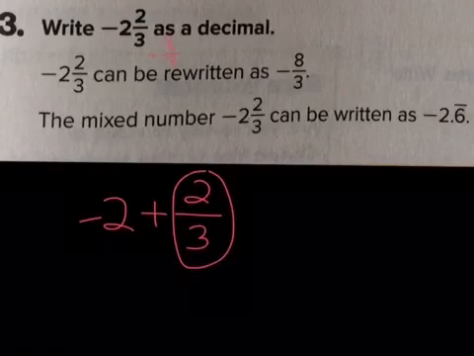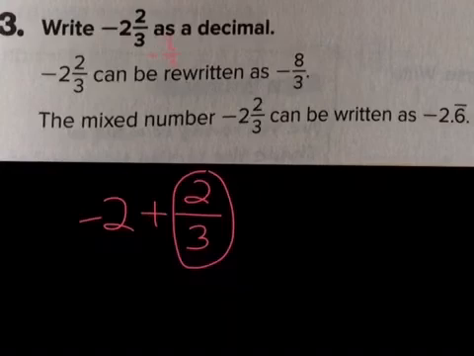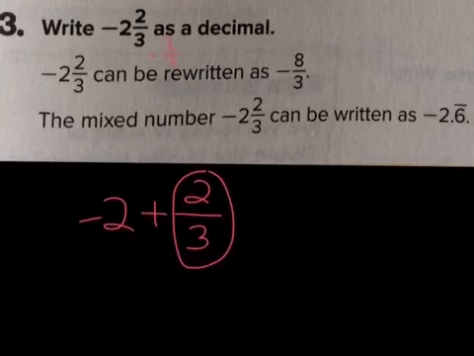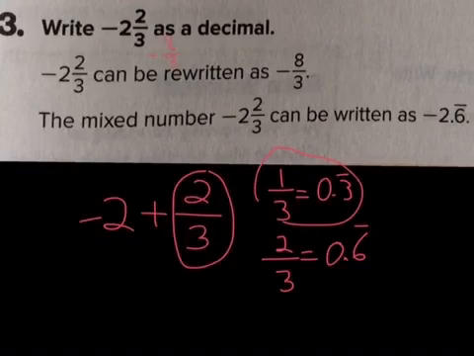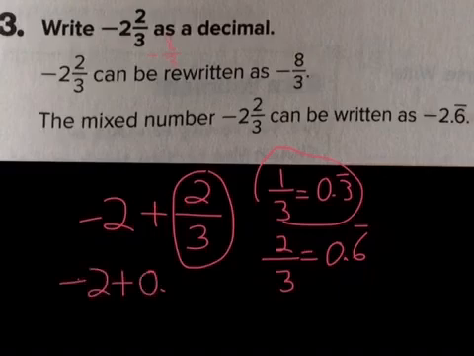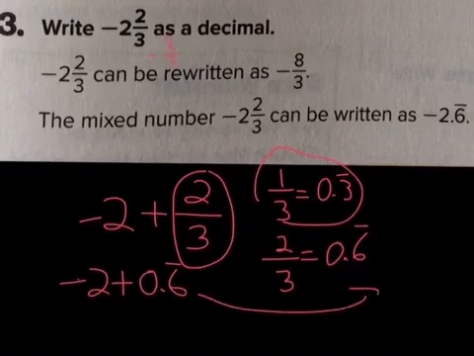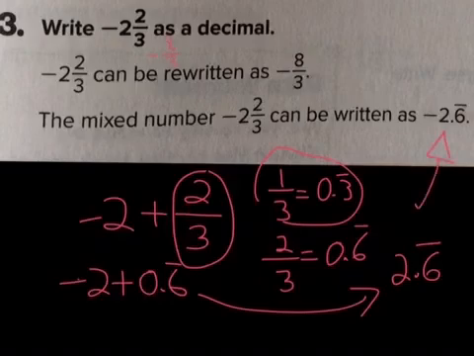And you know that when you count by thirds, 1/3 is 0.3 bar notation, right there, and 2/3 is 0.6 bar notation. So now that we know this, because we've divided and tried it out, just add it back in. So now your equation should look like this, negative 2 plus 0.6 bar notation, which ends up being negative 2.6 bar notation. As you see it right there.